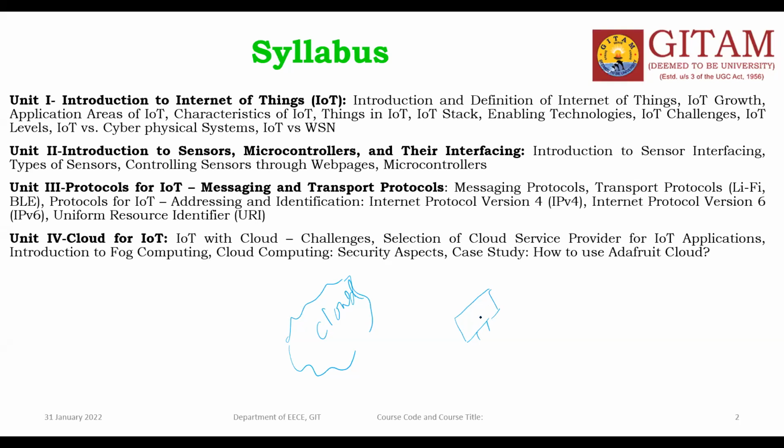Like if you want MATLAB, you can install it. For doing C programs, you can install some software in your PC. For IoT also, some software is required, like Android software. We can download the software from some server and install it in the system, then you can use it.